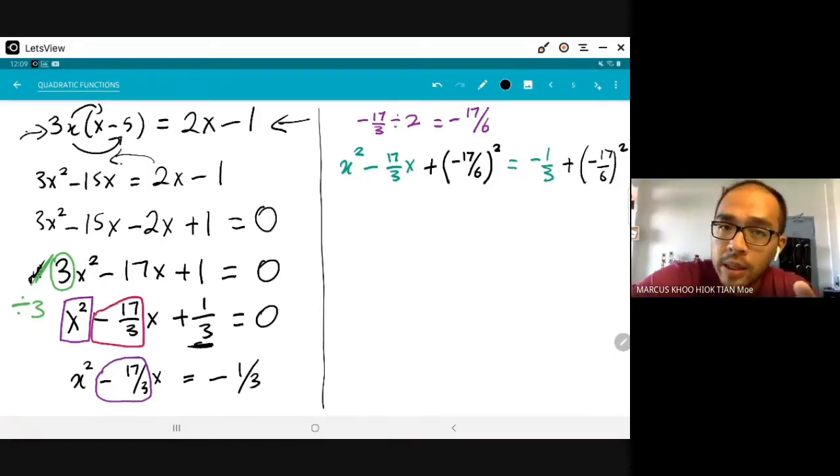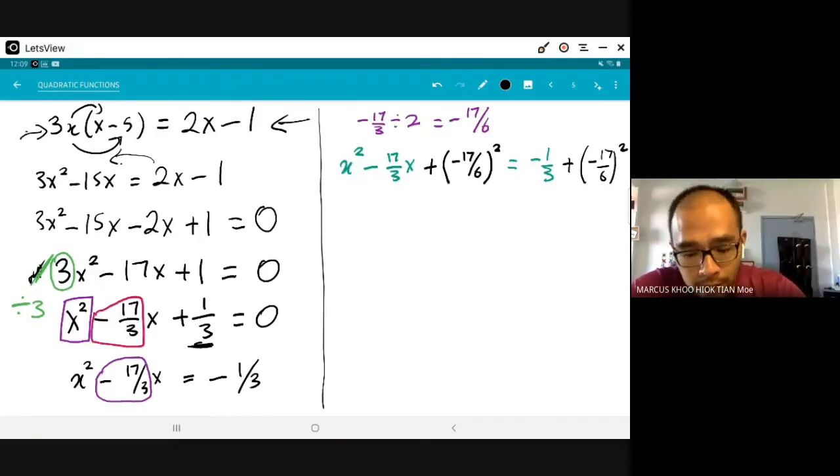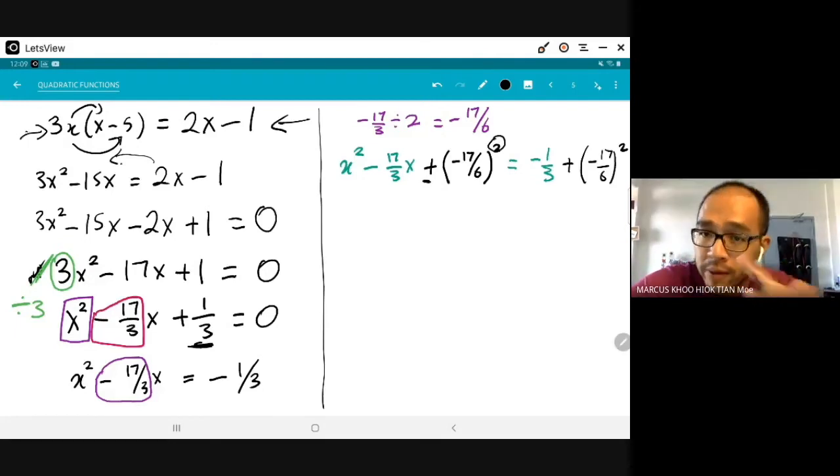Okay, so notice bahawa even if the number is negative lah, pecahan lah, apa-apa bahkan, dia punya step tidak berubah tau. Kita tetap letak plus dan kita tetap letak square. We never change this step. No matter what the number is inside. Okay.